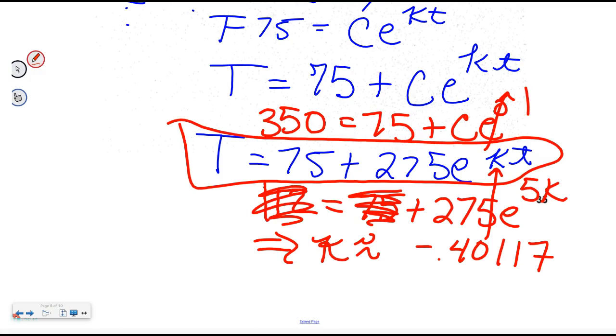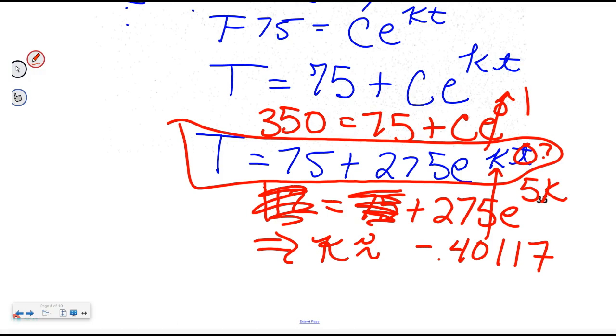Now, when we apply this to the forensics problem, once we have our model for the temperature of the body, and we want to know time of death, which means we're going to be figuring out the T. What was the temperature of the body, assuming nobody was ill, at its time of death? 98.6-ish. Yeah, so you're going to get your model doing exactly like the pizza problem, but you're going to say, well, I want to know when they died.